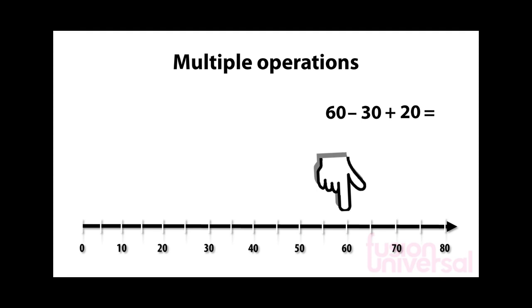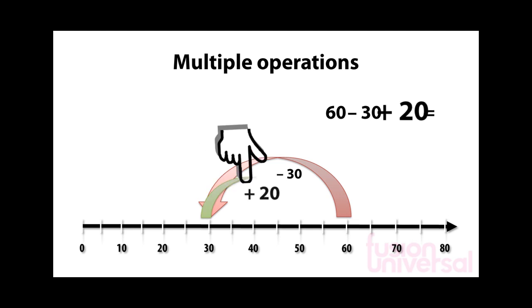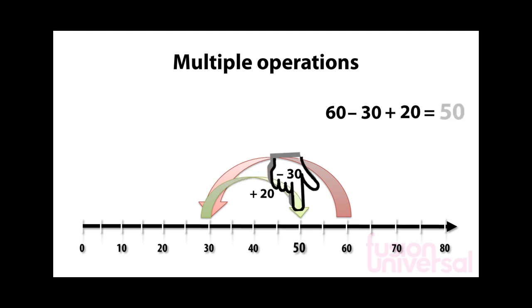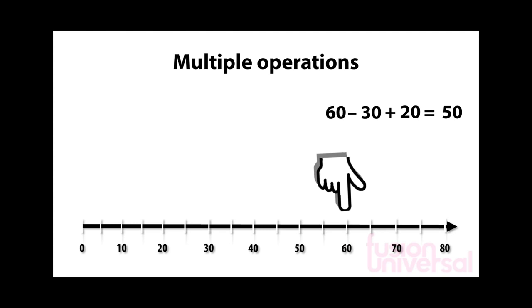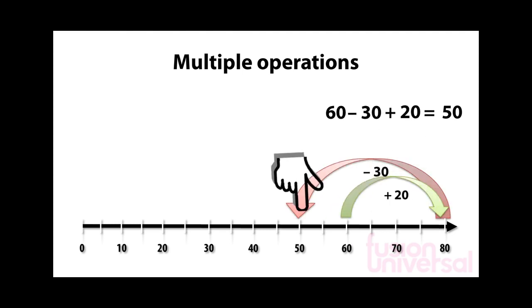Our calculation is 60 subtract 30 plus 20. Let's start at 60 and take away 30 to give us 30. Then add 20 to give an answer of 50. Now, let's try this calculation in a different order. Starting back at 60, let's first add 20, then subtract 30 to give us an answer of 50.